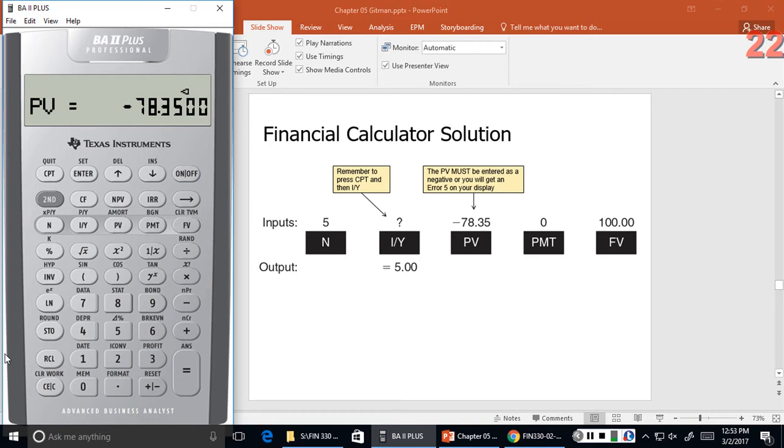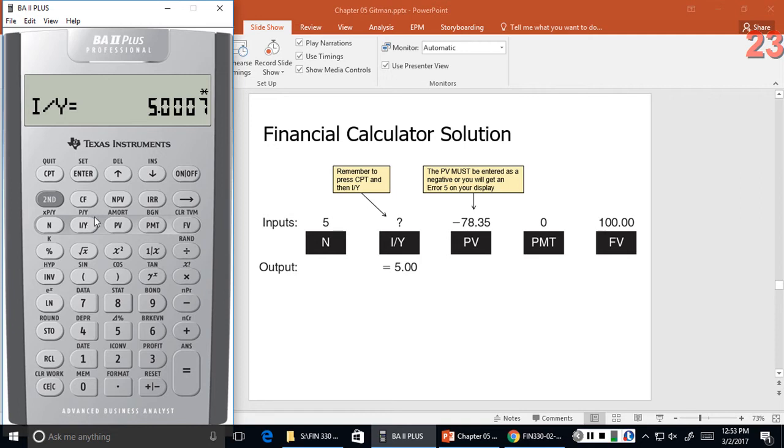The future value is 100, so it's positive 100. We'll just press the future value key, and then N is 5. I've got my 3 inputs. I want to compute, in this case, the I/Y. And so it tells us that if we invest $78.35 today, and 5 years later it's worth $100, we have earned 5% per year on our investment.